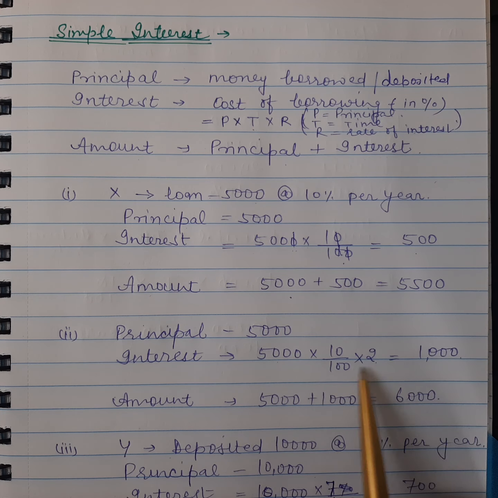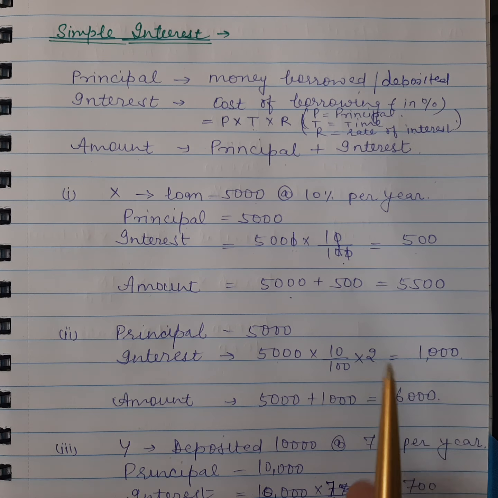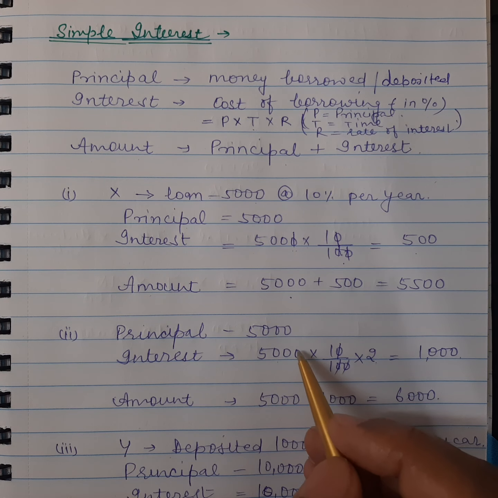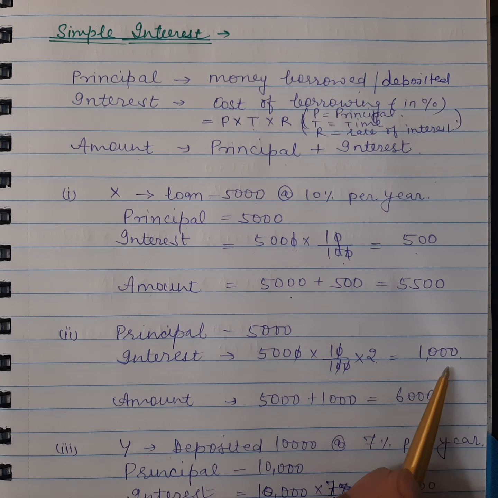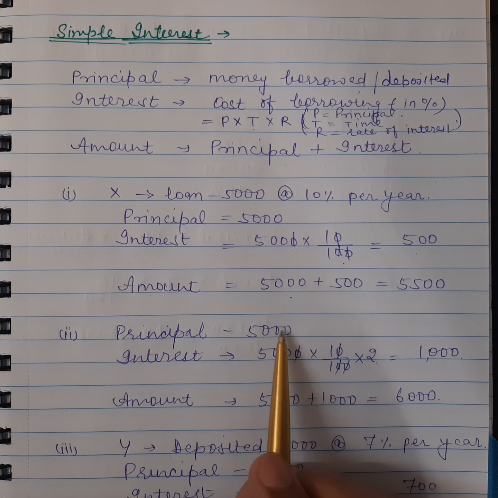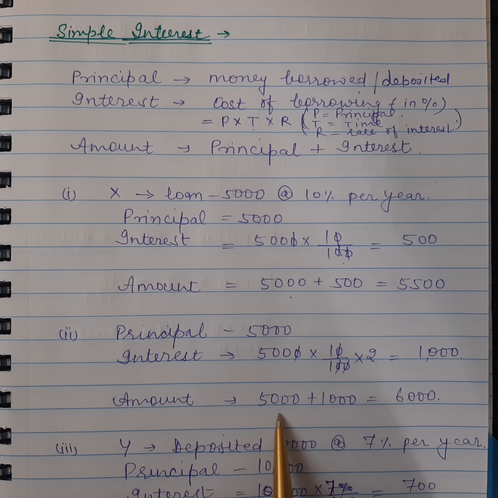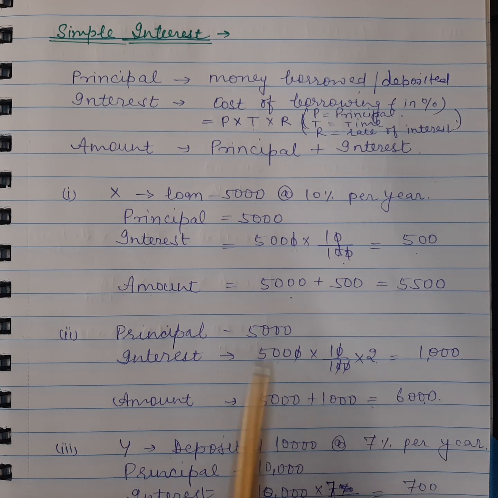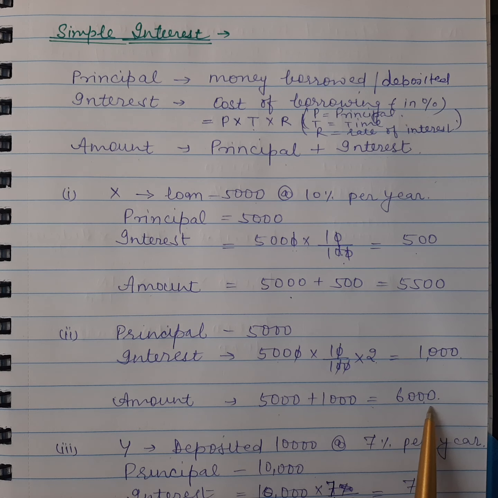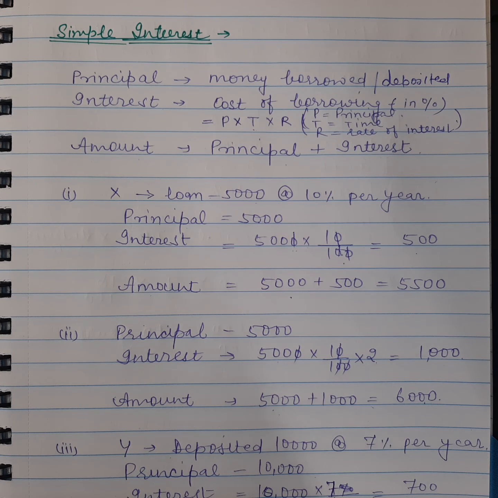If we solve this, we'll get 1,000 rupees. We can reduce 10 with 10, then another 0 from 5,000, so 5,000 becomes 500, and then 500 multiplied by 2 is 1,000 rupees. So amount will be 5,000, which is the principal, plus interest, which is 1,000 rupees, which is 6,000 rupees. So at the end of 2 years, X will have to pay 6,000 rupees to the bank. Out of 6,000 rupees, 5,000 rupees is the principal and 1,000 rupees is the interest.